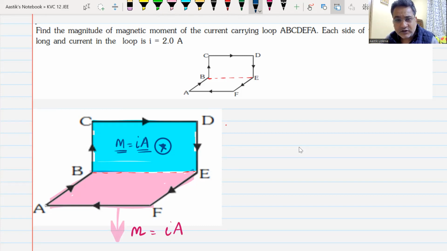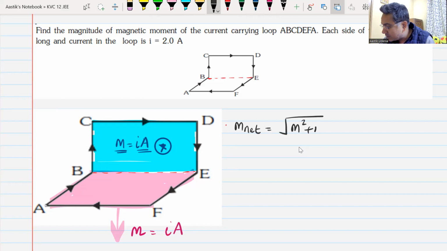The other one is going along negative Z axis. The net dipole moment will be root over m square plus m square. So it will be root over 2 times m. Do we understand this?